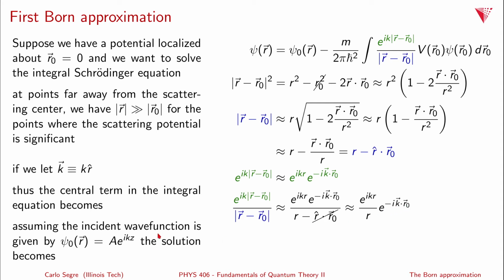And if we assume that the incident wave function is given by A e to the i k z, we can take this integral equation and rewrite it as psi of r approximately equal to A times e to the i k z minus m over 2 pi h bar squared, e to the i k r over r, so that's our spherical wave, times the integral of e to the minus i k dot r0, V of r0, psi of r0, dr0.